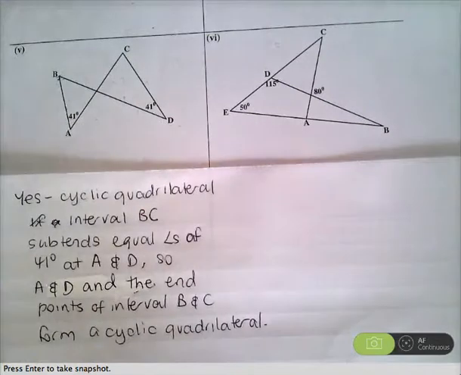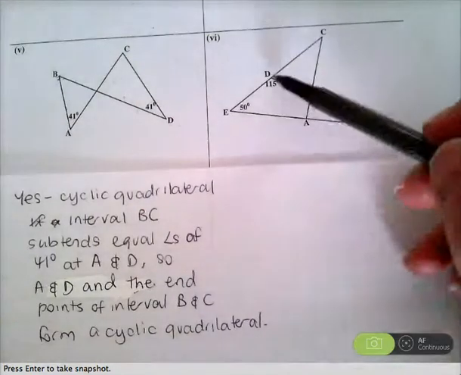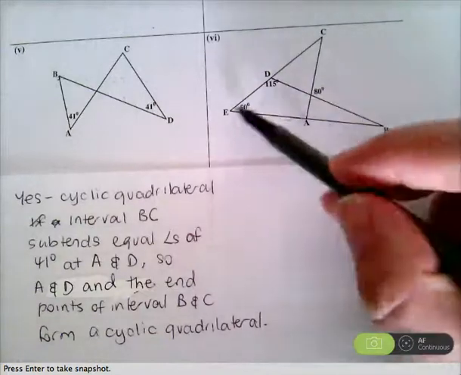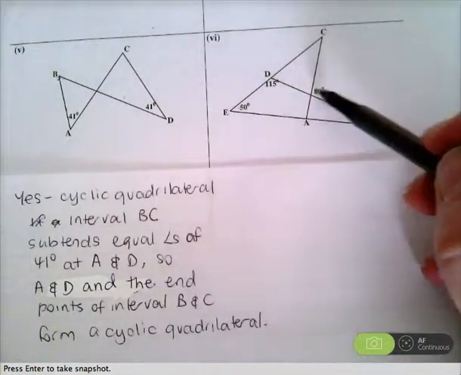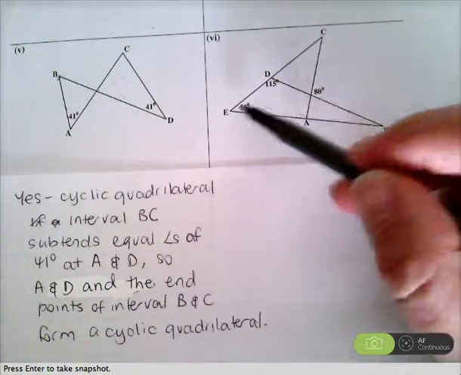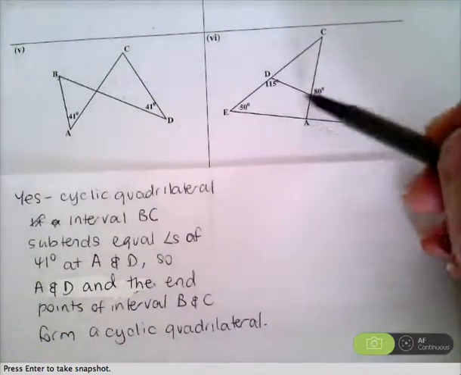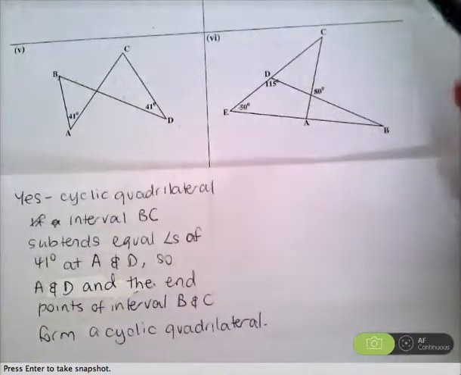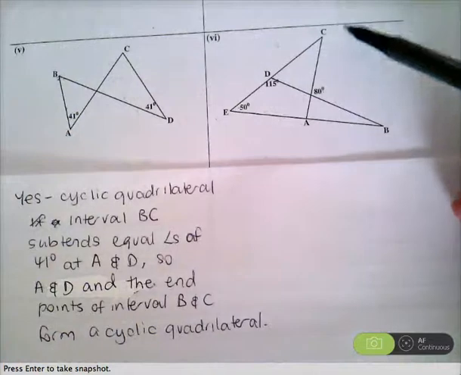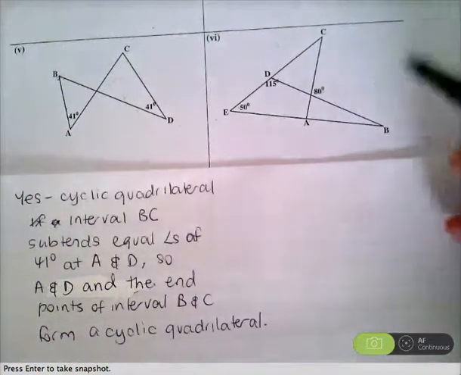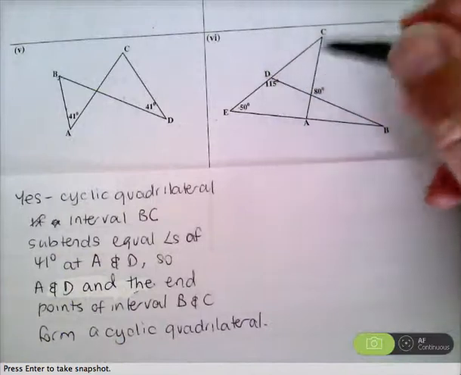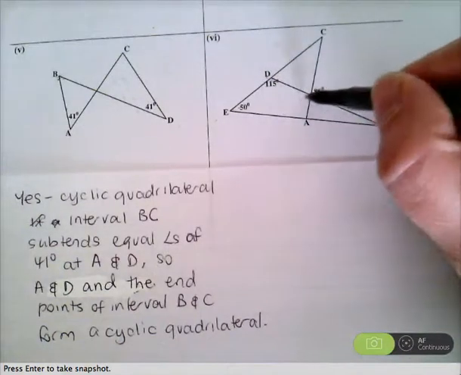We have to see if we've got a cyclic quadrilateral anywhere, and we'd probably be looking here. What we really want is to look at whether we can see an exterior angle of this cyclic quadrilateral, or whether we can see interior opposite angles being supplementary. Obviously, it isn't going to be angles subtended by an interval. Here is the quadrilateral; I'm just outlining it. We can work out this angle here.